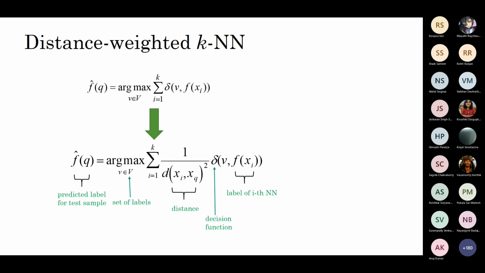Sir, would the output of the term after summation, including the summation, be a matrix or a scalar quantity? Because there is a max and argument term in front of the summation symbol. Okay, let me break these things into smaller parts and explain. Take out the argmax part. Now take one category, say the 0th category, small v equals 0.